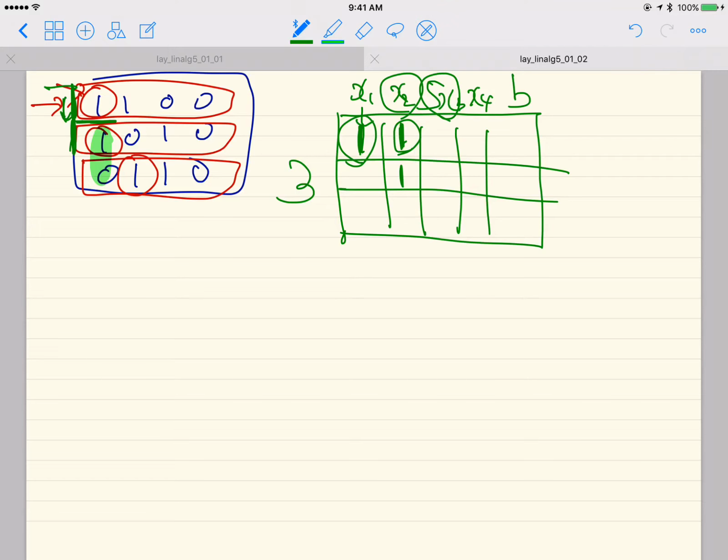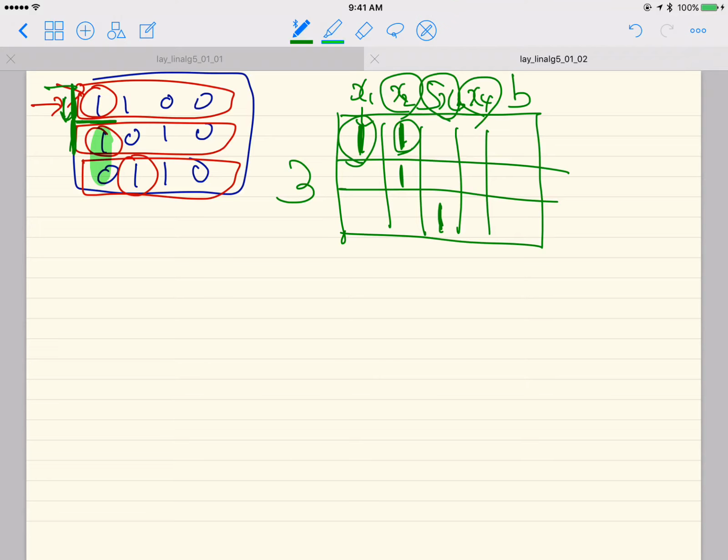And then for the third variable, let's put the pivot here. And then what about x4? There are no rows remaining where we can put the pivot.